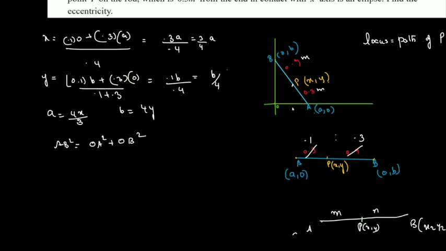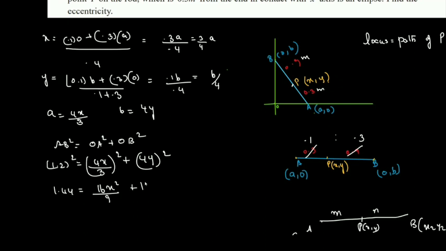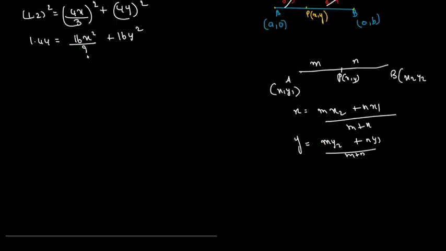What is AB square? 0.9 plus 0.3, that is 1.2, so 1.2 the whole square. OA we found as 4x by 3, the whole square, plus b is 4y, the whole square. So 1.2 the whole square, 1.44, is 16x square by 9 plus 16y square.